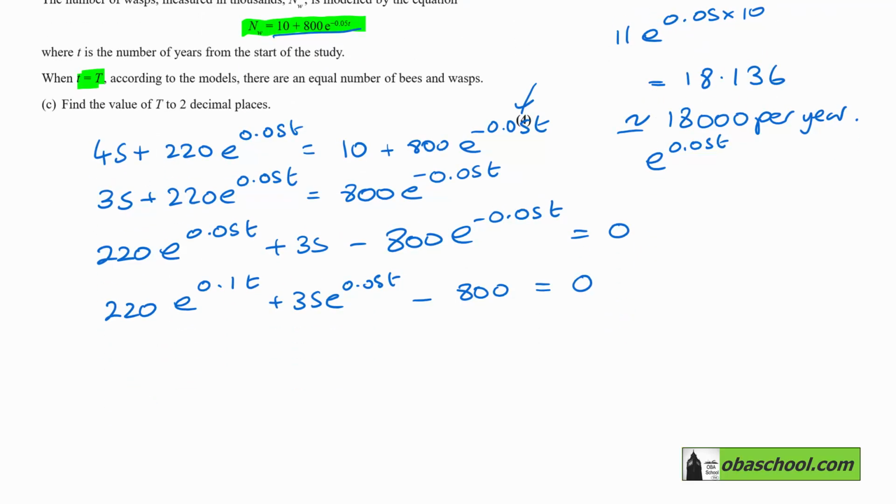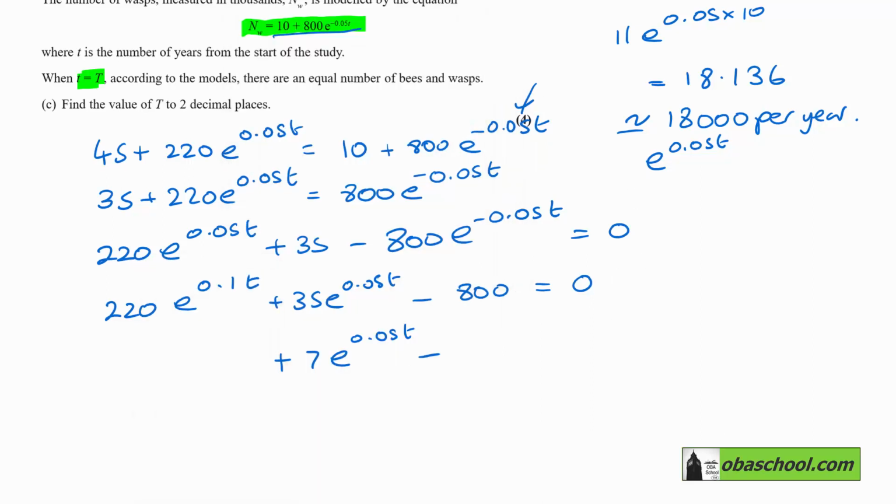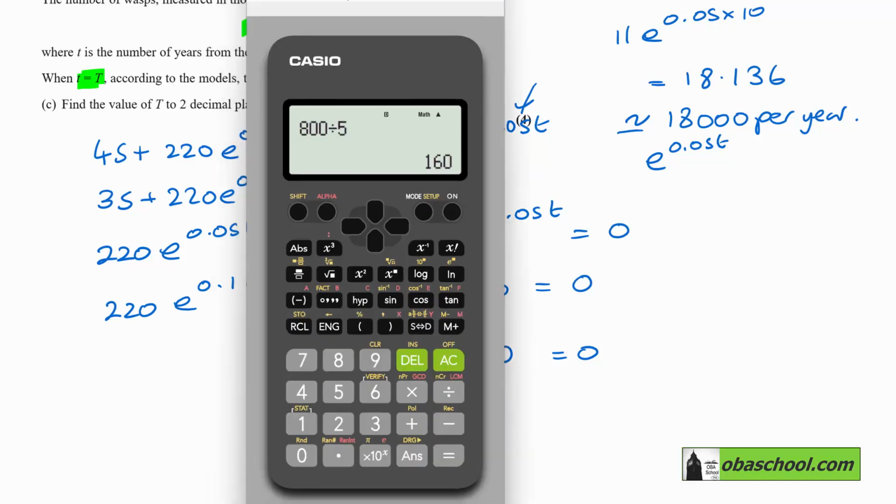Now, all of the coefficients divide by 5. The middle one is going to be 7. So what about 800 divided by 5? That's 160. And 220 divided by 5 is 44.